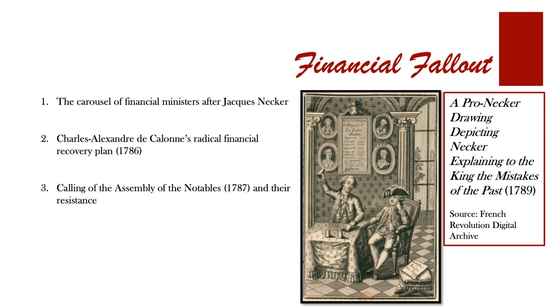They demanded to see the king's accounts, like Necker had shown them years prior, and criticized Calonne and the monarchy for taking what was a sound financial situation under Necker, according to Necker, and ruining it in the course of 6 years. Having failed at his plan, Calonne was subsequently fired and replaced with yet another financial minister, Loménie de Brienne.